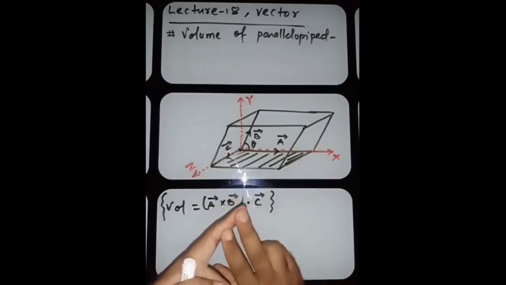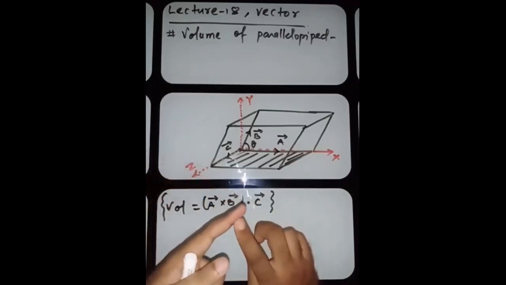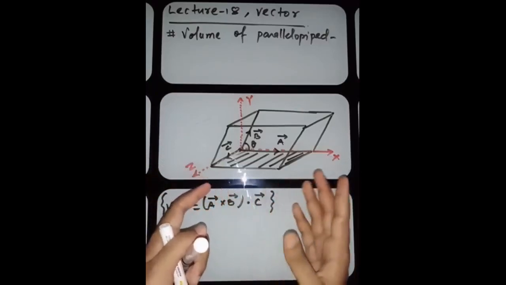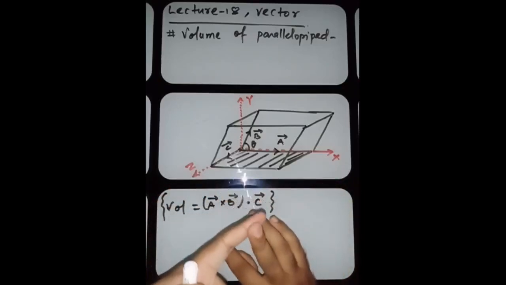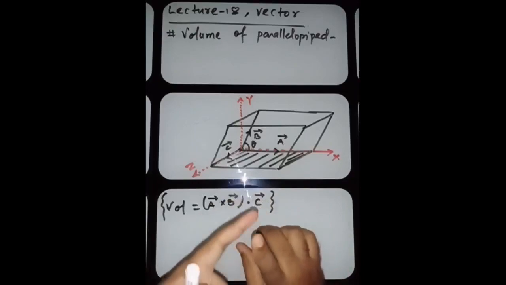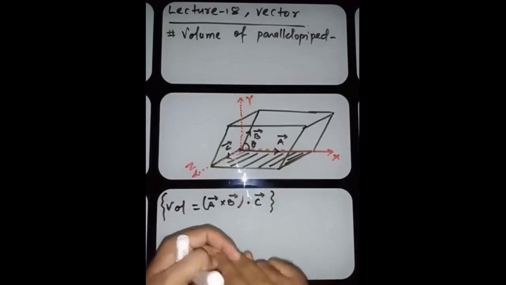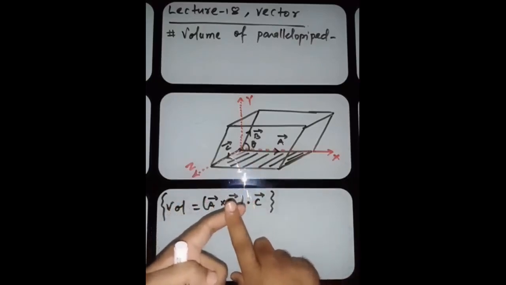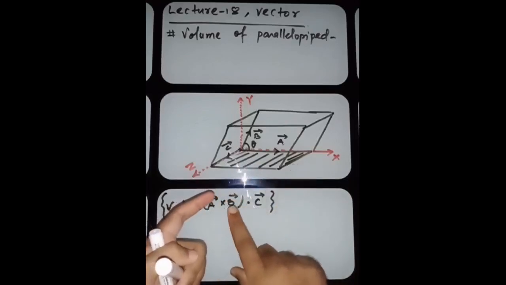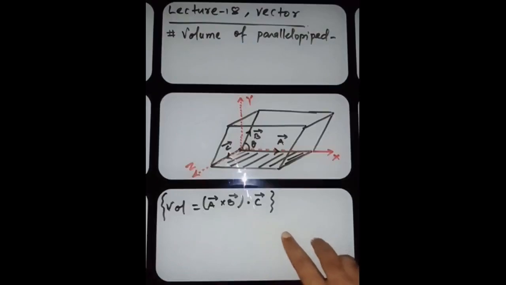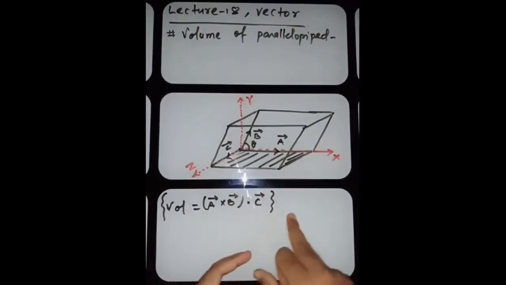Then the area of a parallelogram or rectangle, if consecutive sides are given, we have studied mod of A cross B, where A and B are the two sides of the parallelogram or rectangle. In case of the area of a parallelogram, if diagonals are given, then we have studied half D1 cross D2. And the volume is A cross B dot C.